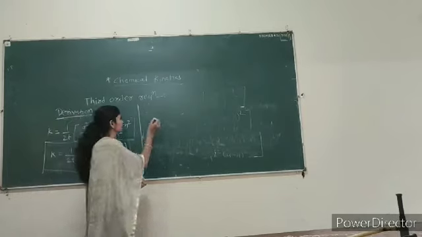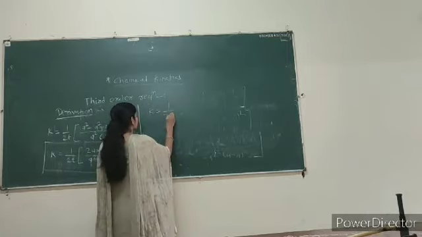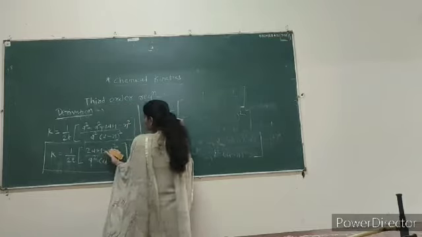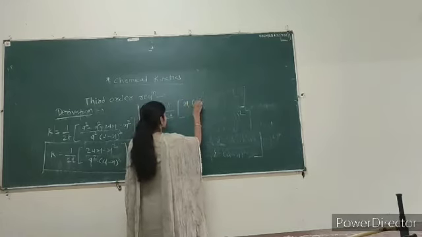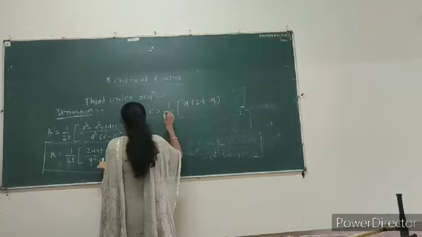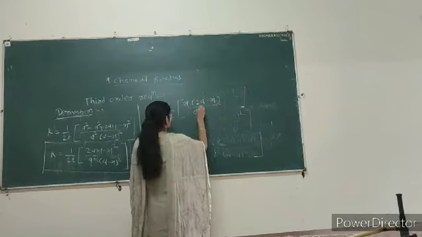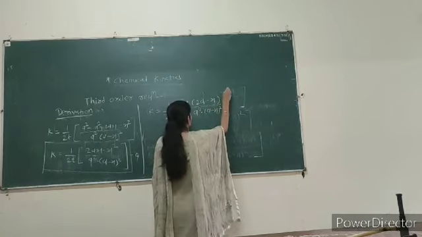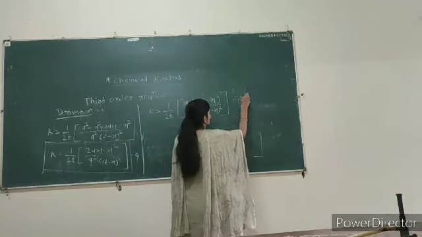Therefore k is equal to 1 upon 2t, in bracket x(2a minus x) divided by a squared into (a minus x) squared. This is equation number 5.